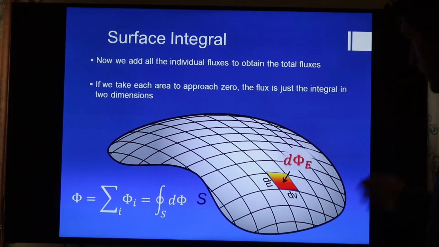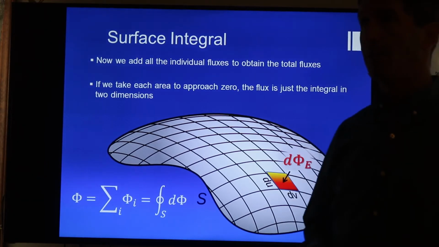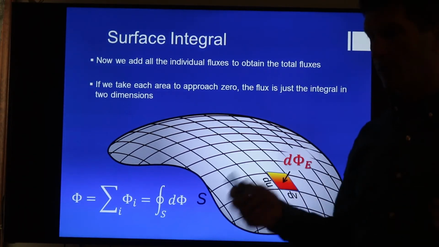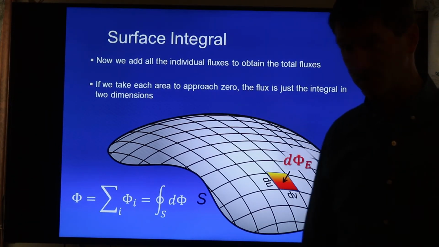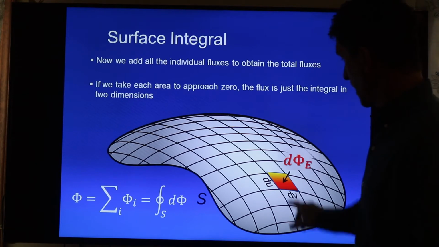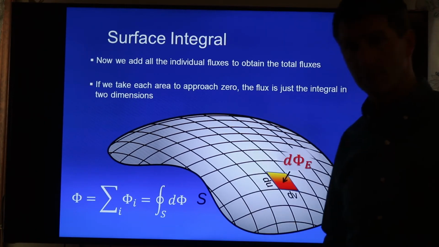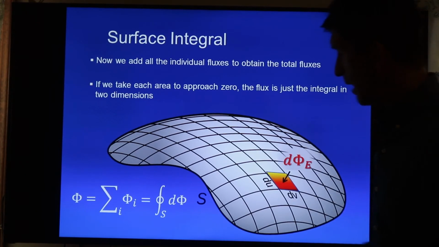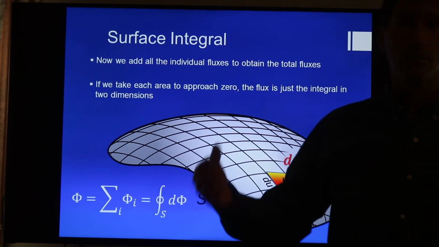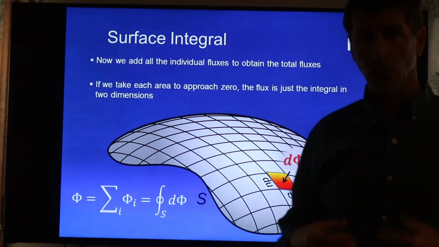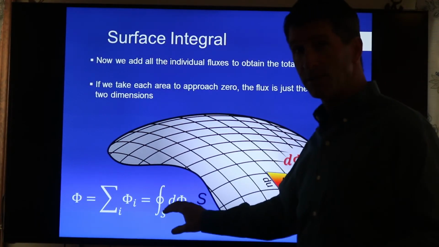So, again, let's say that I am doing some type of calculation where I want to get the electric flux that's passing through the surface S. I would do each calculation for the squares that are present right there. I would then add up each individual contribution. And again, if I took this to the limit where the area went to 0, I would actually be doing an integral right here.